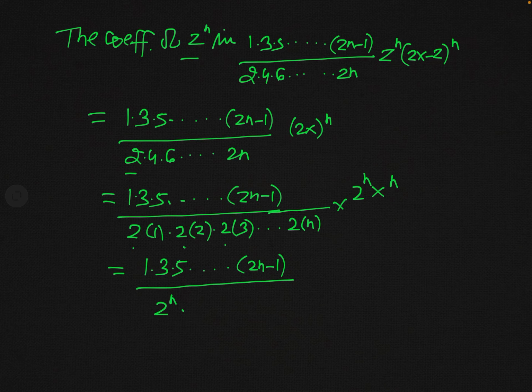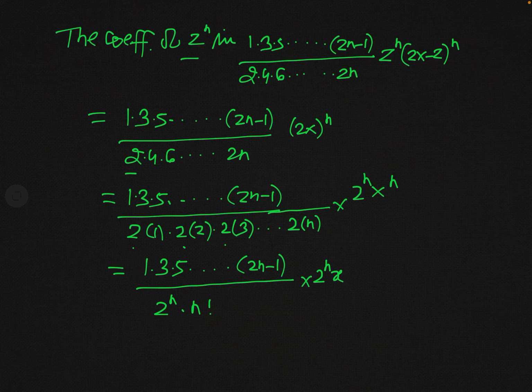So you can take this product as 2 to the power n. And now see the bracketed numbers. This is 1 into 2 into 3 into so on into n. So you can write this product 1 into 2 into 3 and so on into n as factorial n.